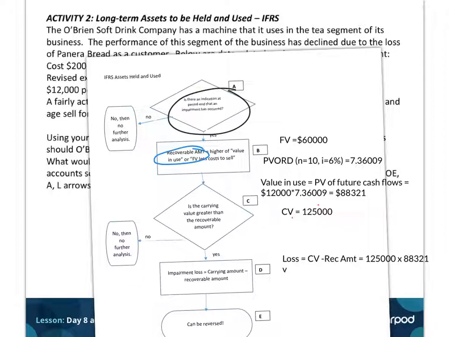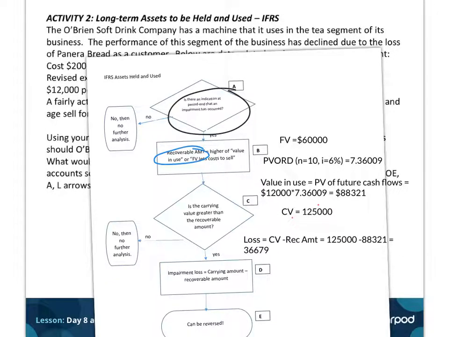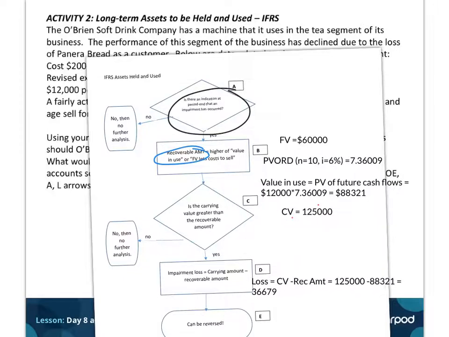Whoops, I put multiplied there. That's crazy. Minus. Equals. So we're going to come up with a loss of 36,679. That is going to be my loss amount. There's my loss. 36,679. So that takes care of figuring out that IFRS loss.